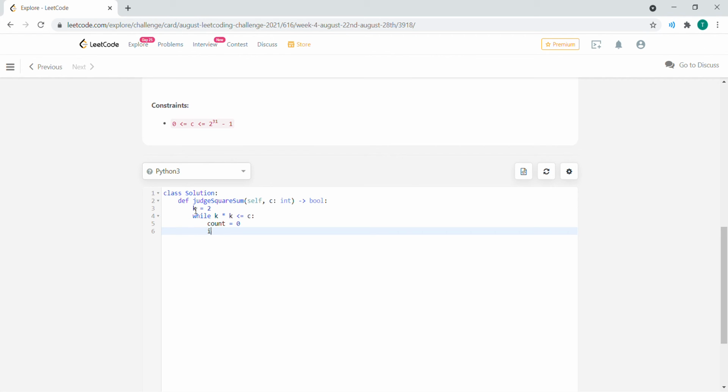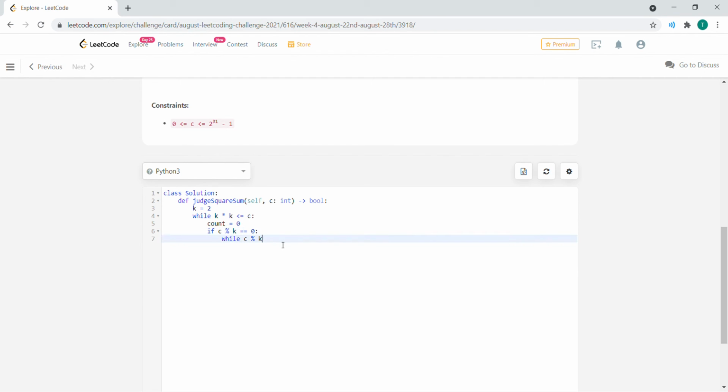And what we want to do is, if k is a factor of c, so that would be c modulus k is equal to 0, right? While c modulus k is equal to 0, we want to get the current exponent of the current factor.